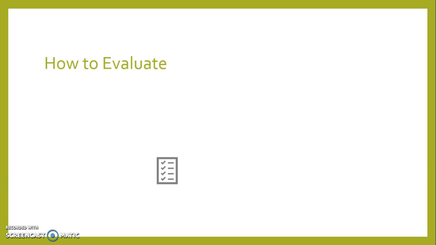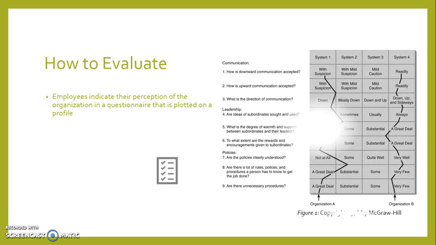As mentioned, the primary classification tool of the System 4 intervention is to have employees evaluate the organization. To do this, employees must answer questions about the company, which is then plotted on a profile form as seen here.